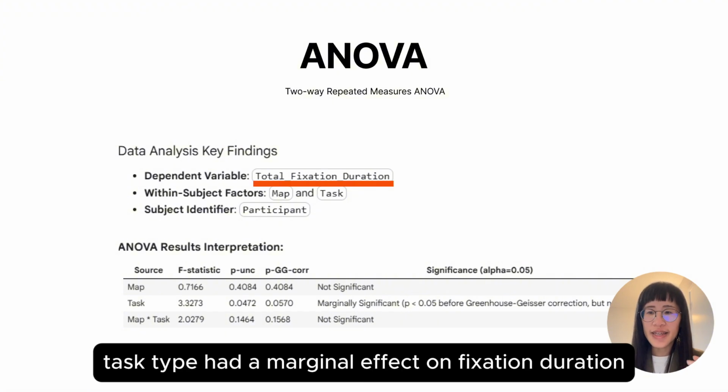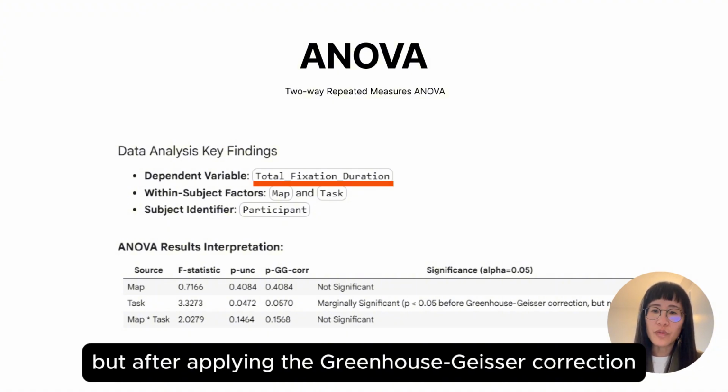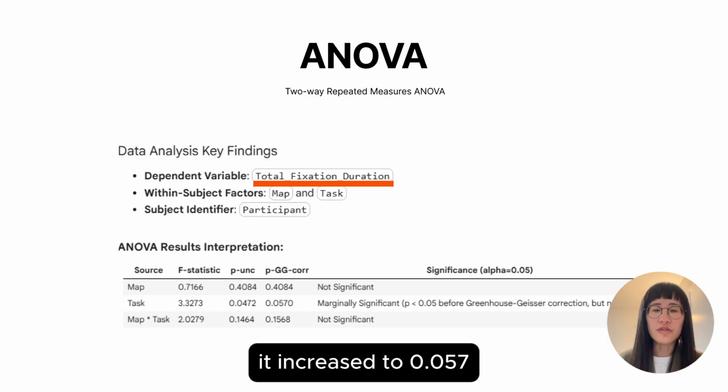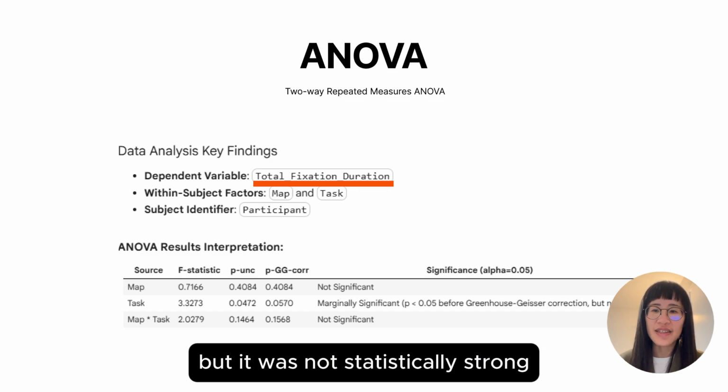Next, task type had a marginal effect on fixation duration. Before correction, the p-value was 0.047, but after applying the Greenhouse-Geisser correction, it increased to 0.057, slightly above 0.05. Thus, task type might influence duration, but it was not statistically strong.